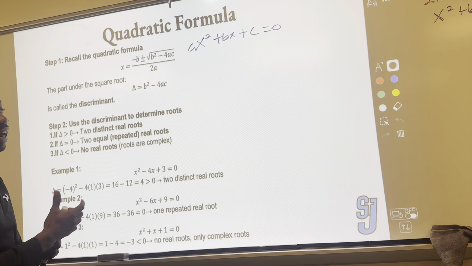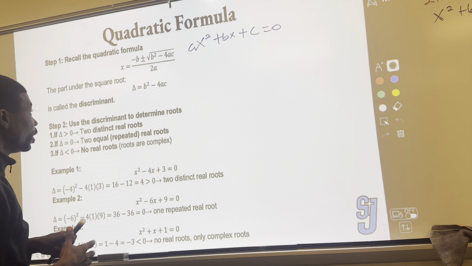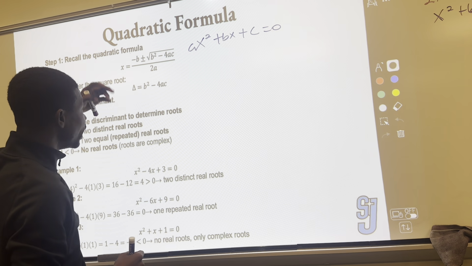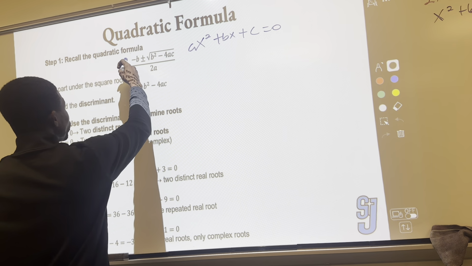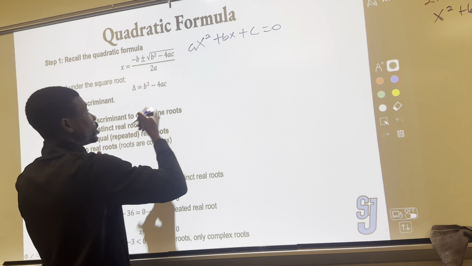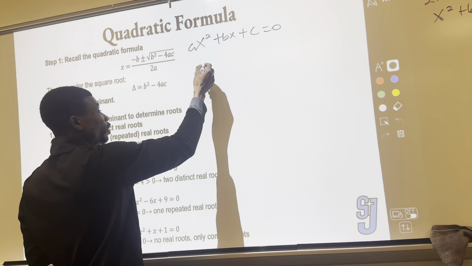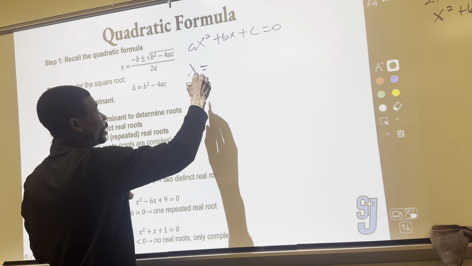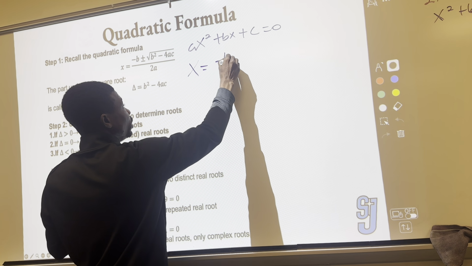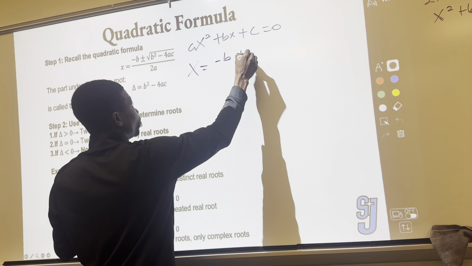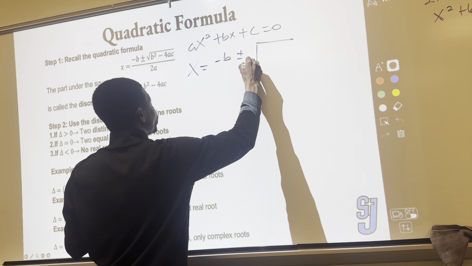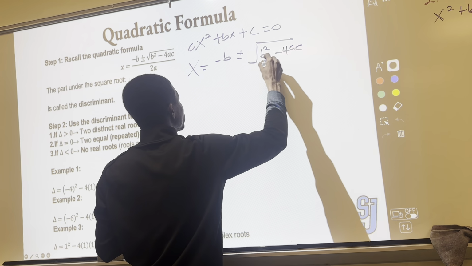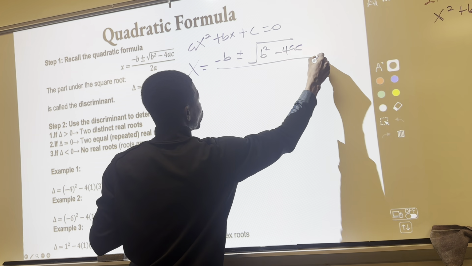If I have this, then I'm going to solve using this formula, which says that if I'm solving for the values of x, then always the values of x are going to be minus b plus or minus the square root of b squared minus 4ac over 2a.